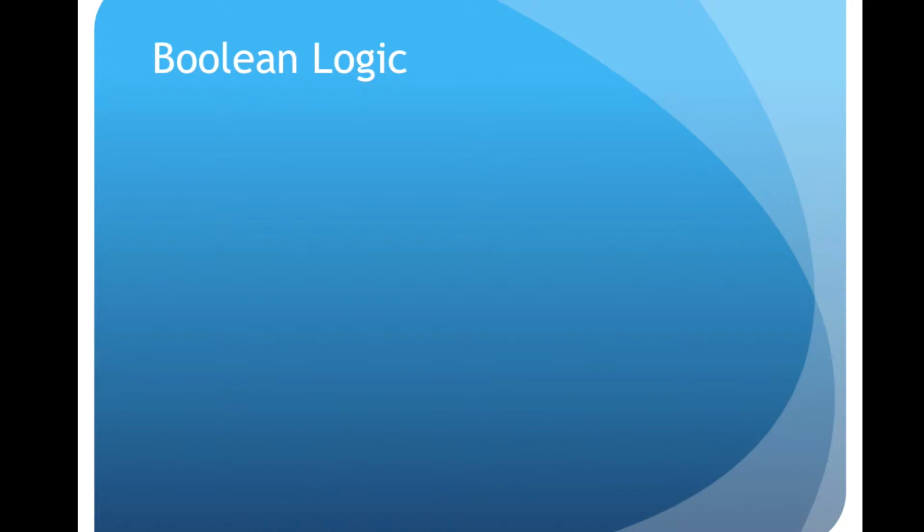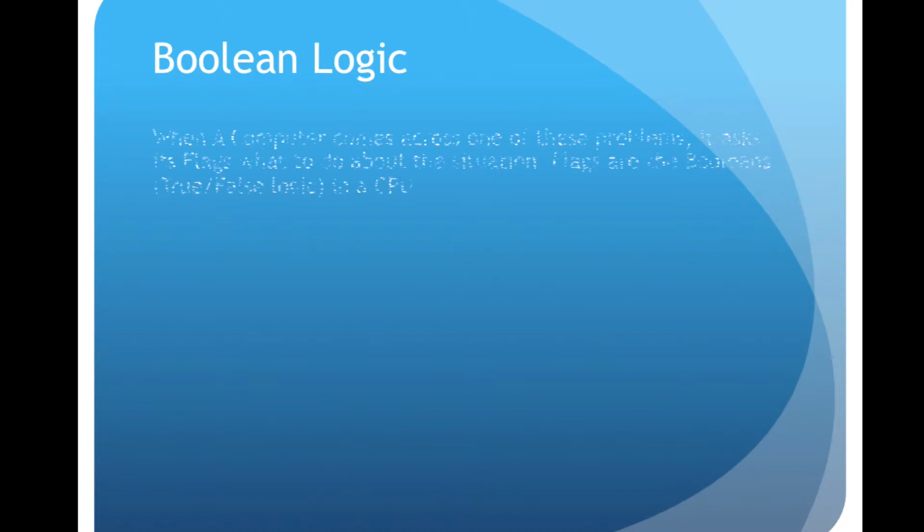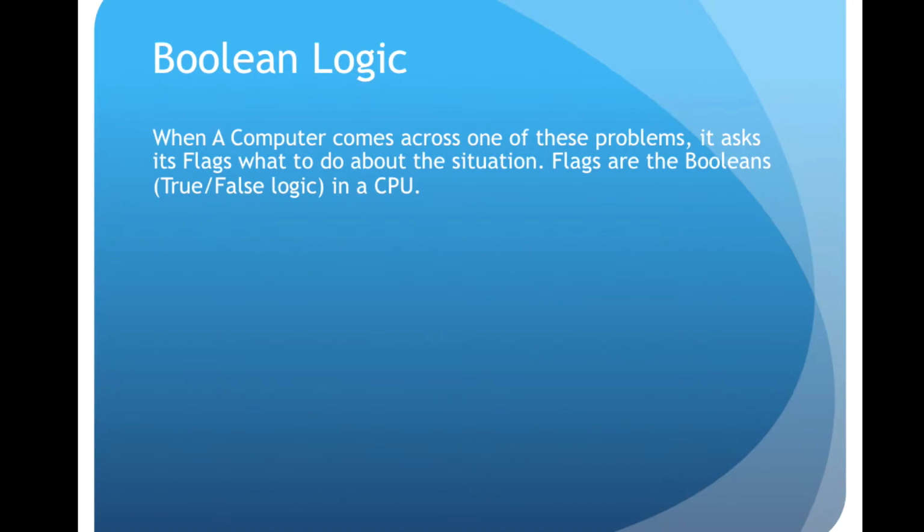Now, in order to understand branching, we're going to have to understand Boolean logic, which is basically just logic based off of true or false values. In the condition of true, you would be actually doing something. In the condition of false, you would not be doing something. Anyways, when a computer comes across a problem involving going into code out of order, it asks its flags what to do about the situation.